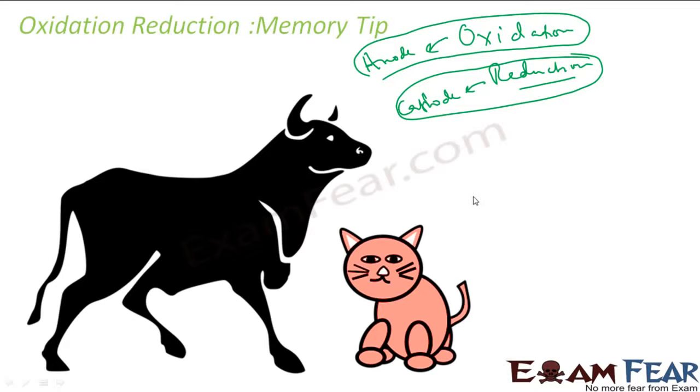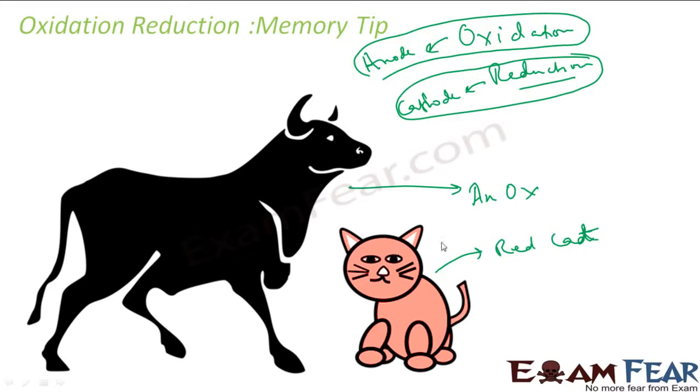Just remember this figure. This is an ox and this is a red cat. The moment an ox sees a red cat, it starts running, right? You must be knowing that when an ox sees the color red, it will start running.